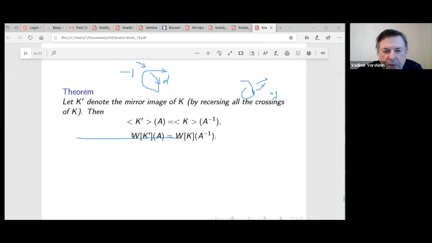And the same way the writhe term goes from minus to plus. So for the mirror image, you simply change the variable to its inverse.